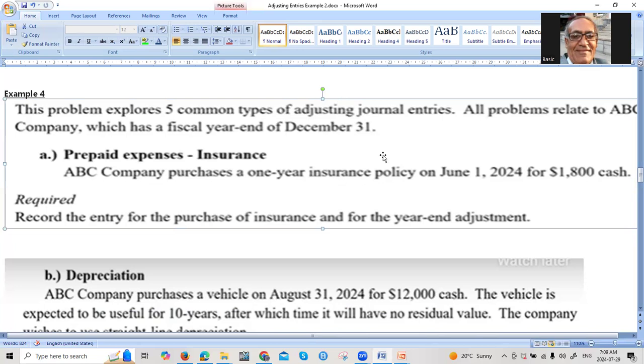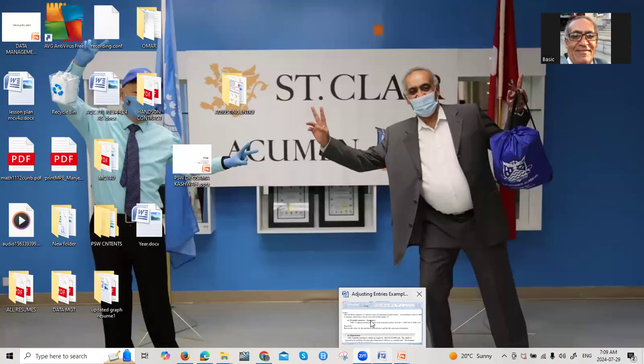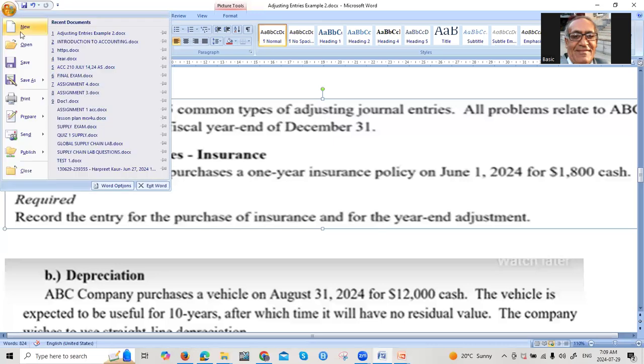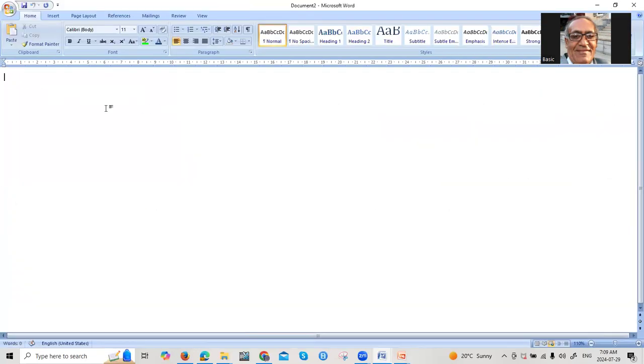Notice that they end the transactions always on December 31, when the fiscal year ends. So from June 1 till December 31, my work now is to go to my calculations: the 1,800 is for the whole year, and it started on June 1, as mentioned.